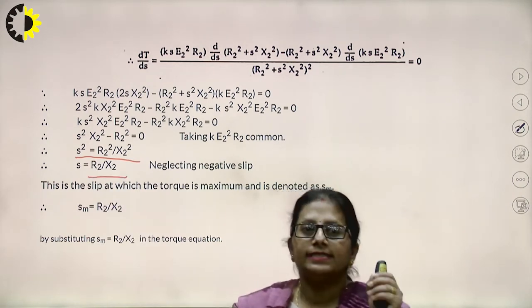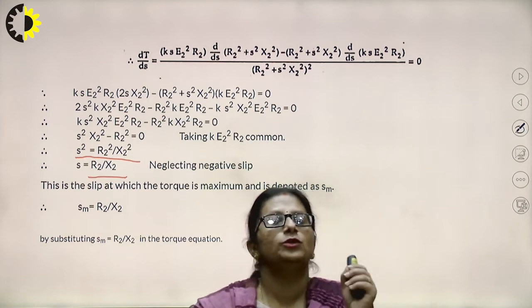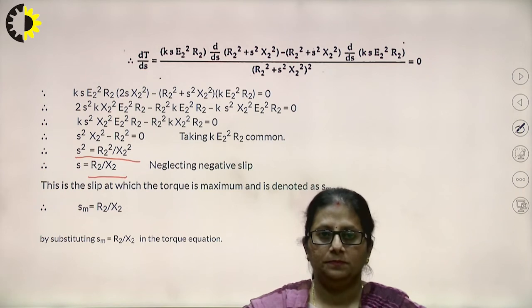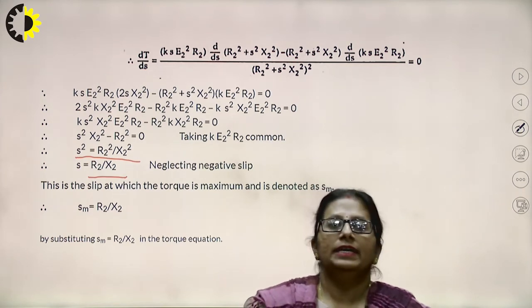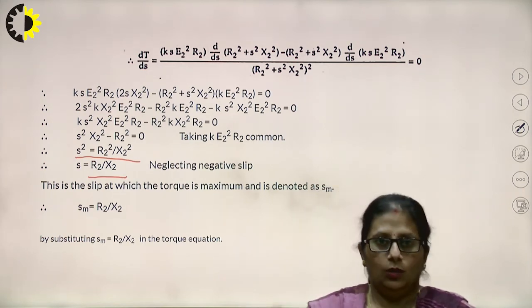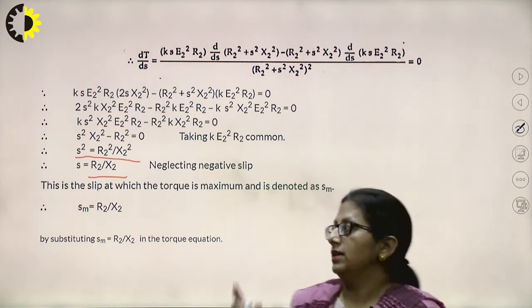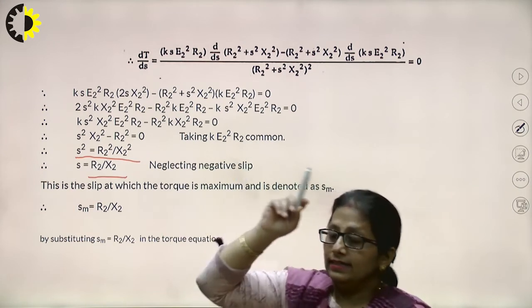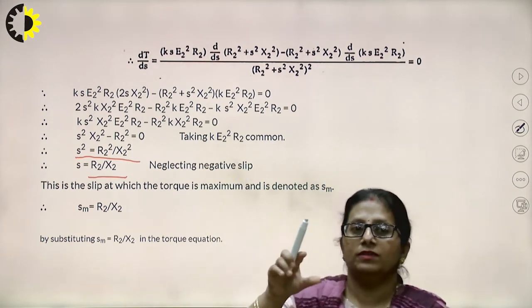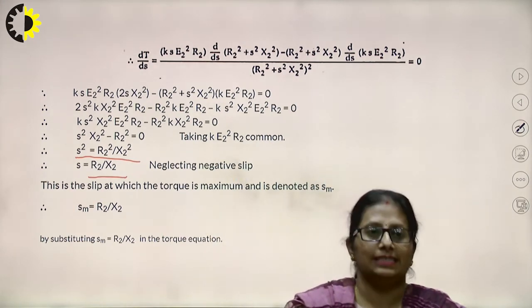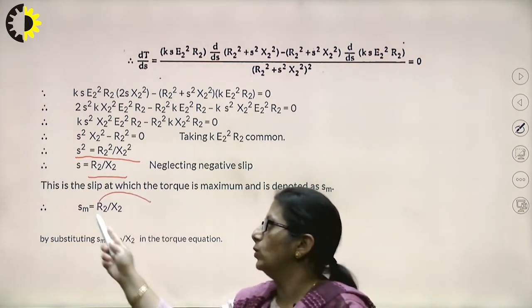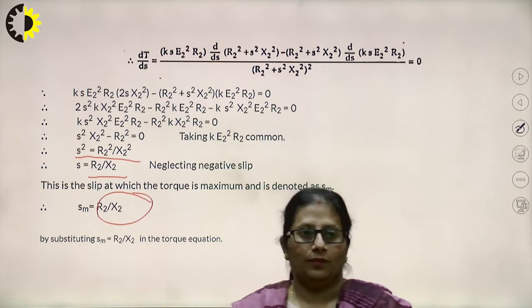So, this is the slip at which the torque is going to be maximum and is denoted as Sm. So, the torque would be maximum for a three-phase induction motor when the slip is given by the ratio of the rotor resistance to the rotor reactance, right.